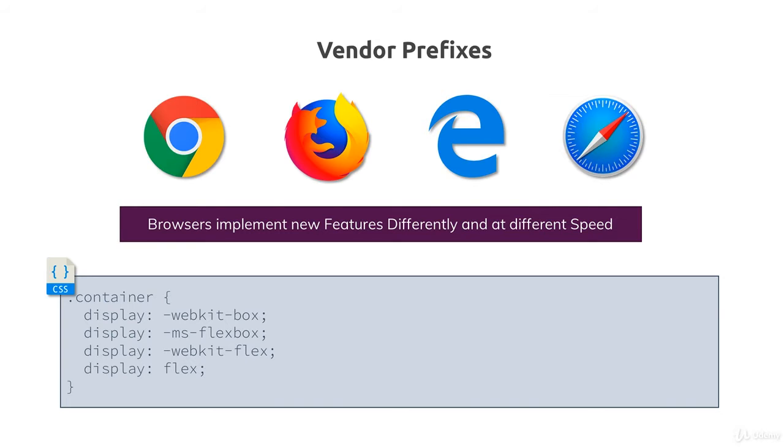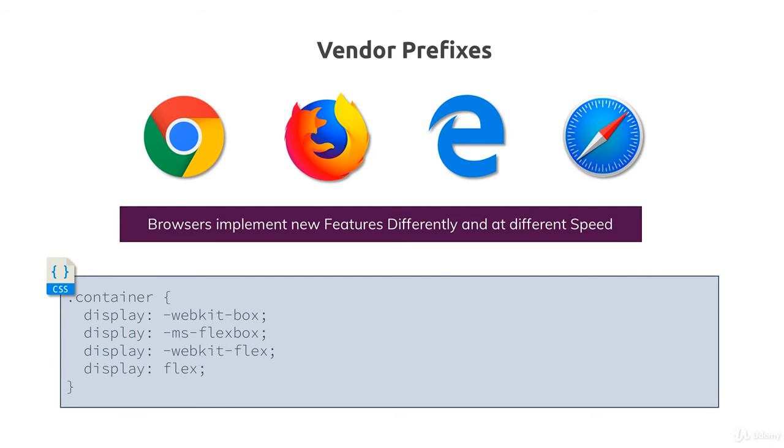Well, if you also provide that vendor prefix, it will understand this. It won't understand the other values for display, but it will then just ignore them. That's how the web works. And therefore, you can still use Flexbox even in that older version, even though it doesn't support flex yet. I hope this makes sense. So vendor prefixes are really great as they allow us to implement new features ahead of time and even support older browsers. Now let's see that in action on our website.